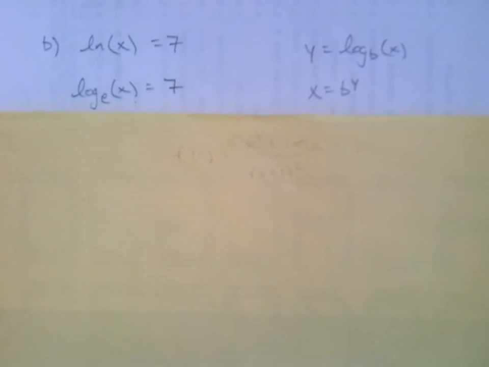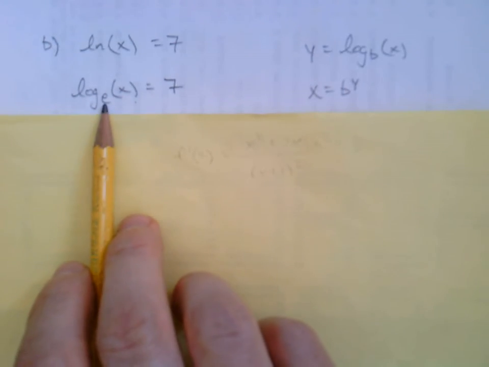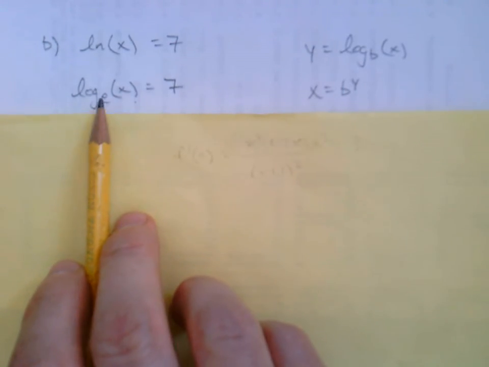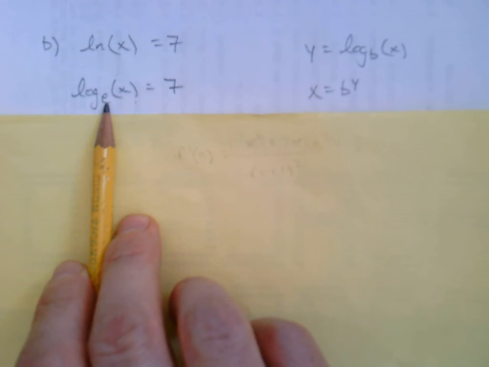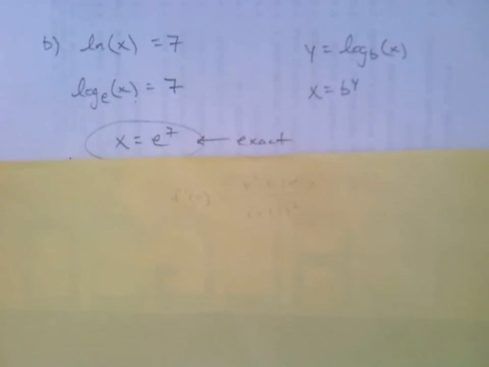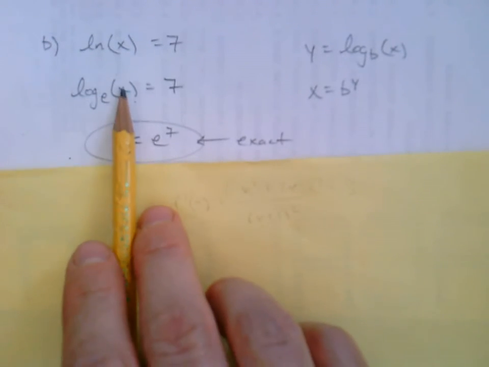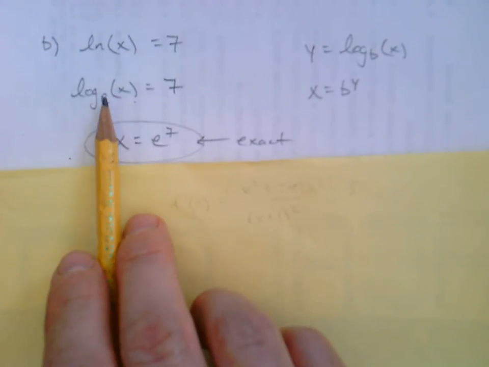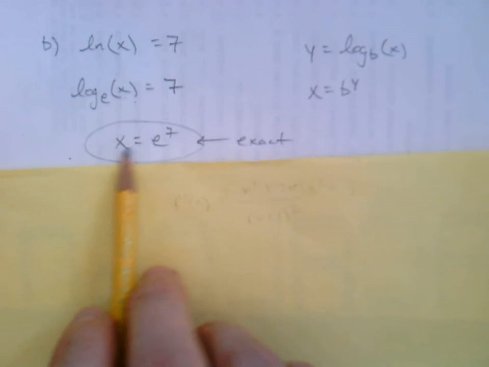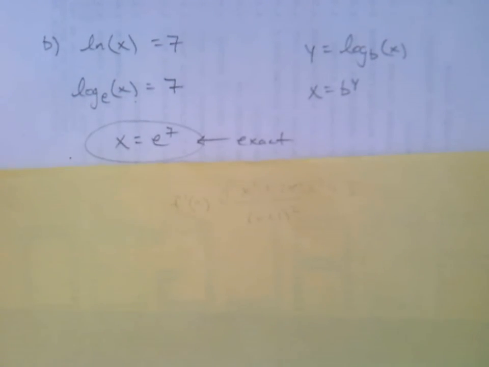So if I rewrite it in the x equals b to the y form, oh, looks like I just went ahead and wrote that. So, to make it really clear, there's my base. Rewriting this, I've got the x equals my base raised to the y, x equals e to the 7th. And I have the answer.